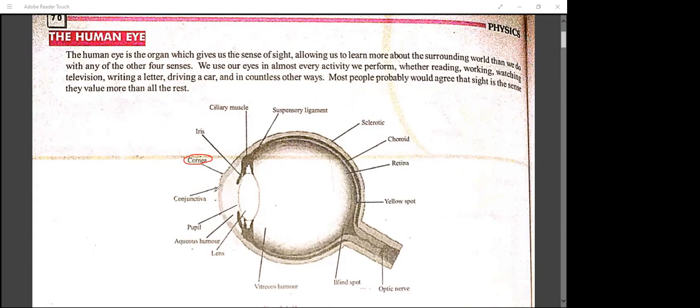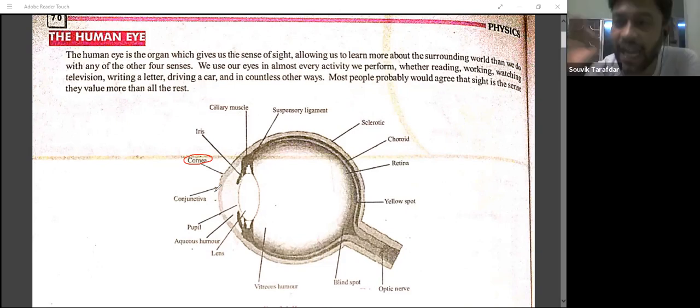Yes, sir. Now, if any damage happens to the cornea, medical science can't fix it, because we don't have any material which is scratch proof forever. We can't make a cornea.